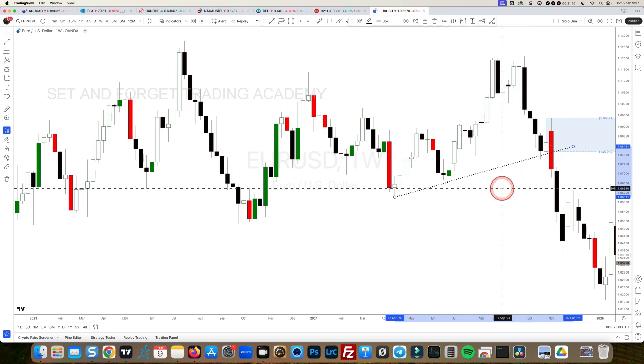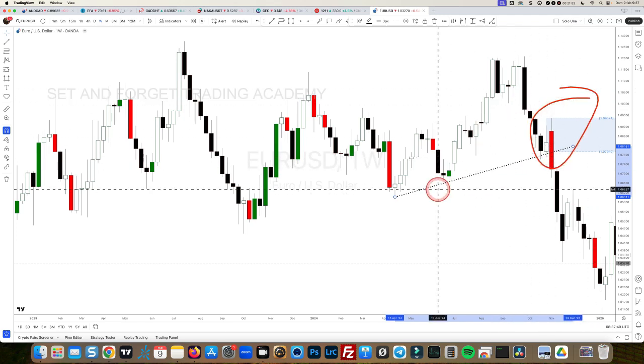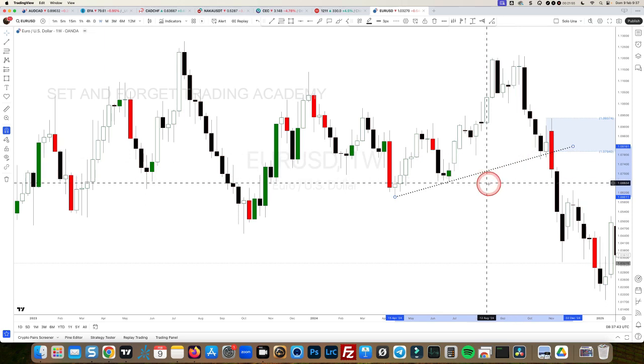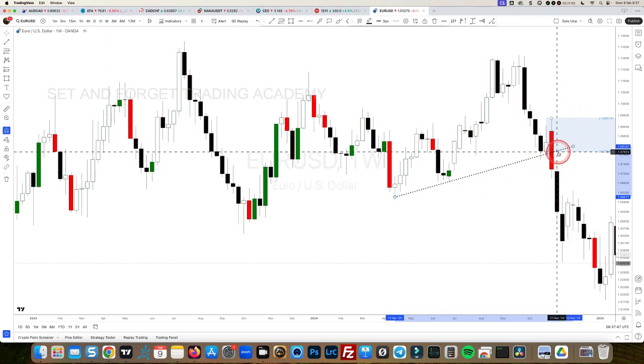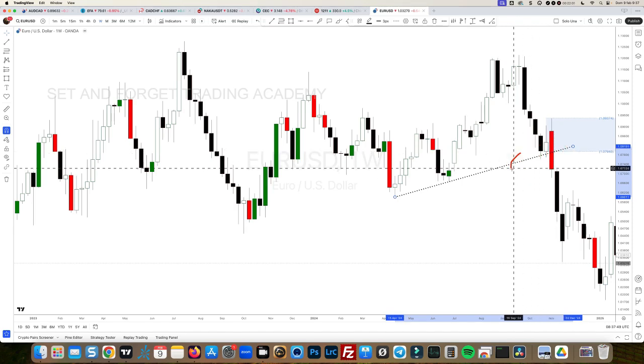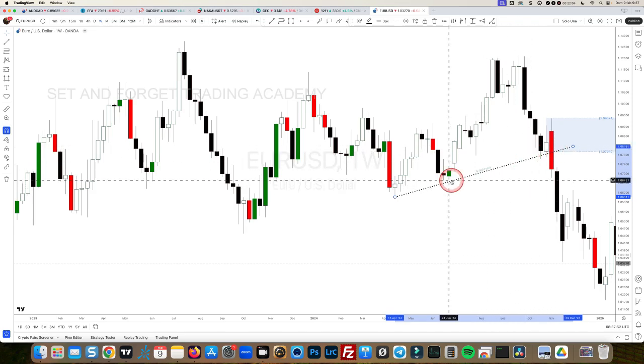So you could say, yes, this is a valid supply level because of that. But no, it is not. It is a supply level, but it is not responsible for breaking this trend line, because this trend line is not the latest trend line.